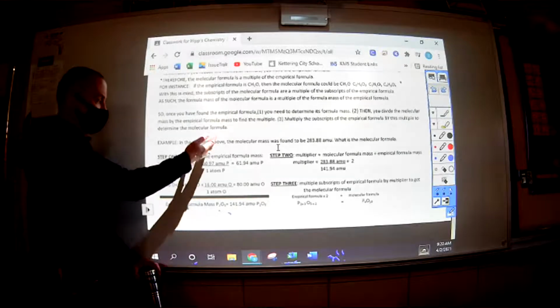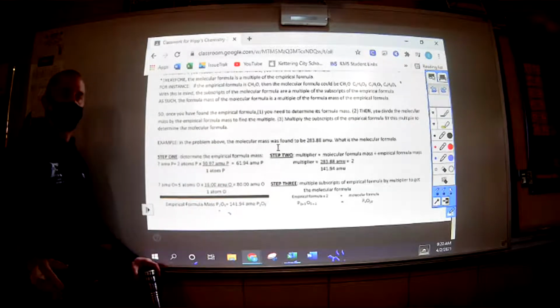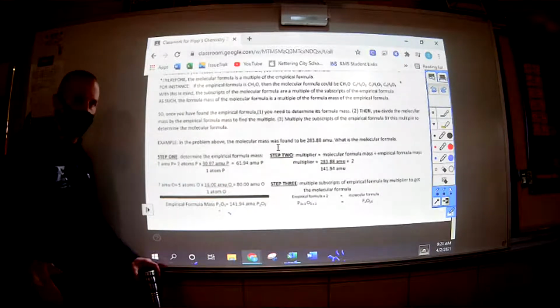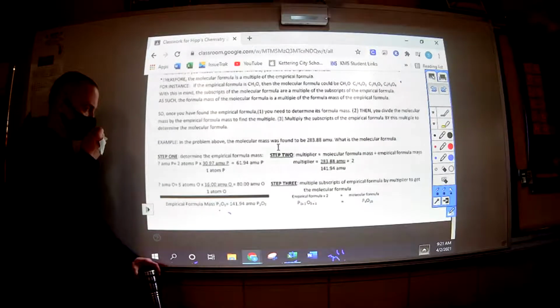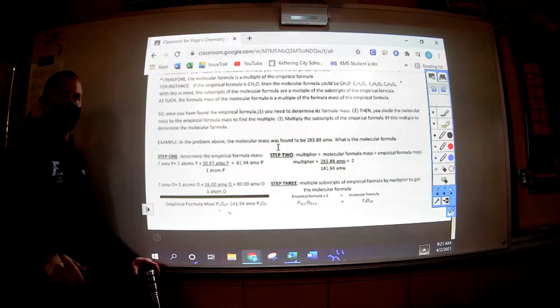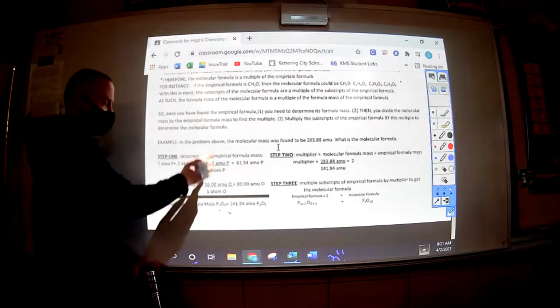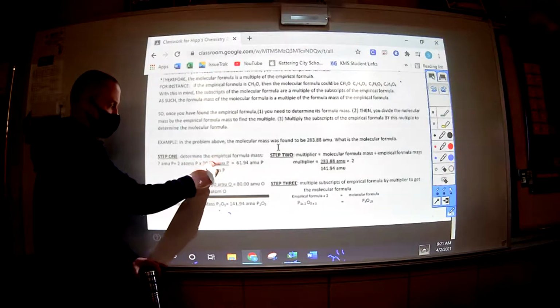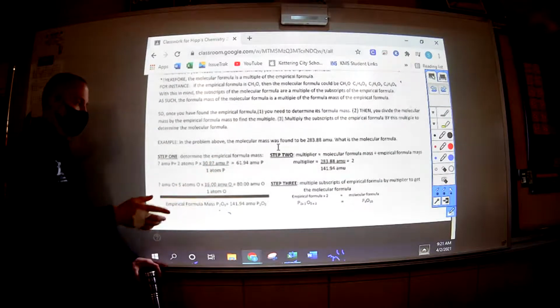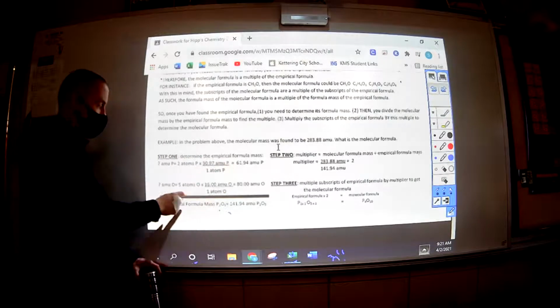I first find the formula mass of the empirical formula. There were 2 phosphoruses. We multiply that by 30.97 AMUs over 1 atom. Where did I get that? Periodic table. I'm just finding the mass.